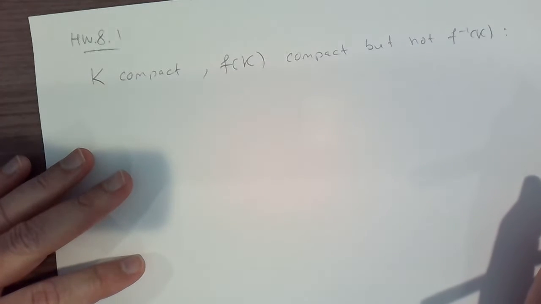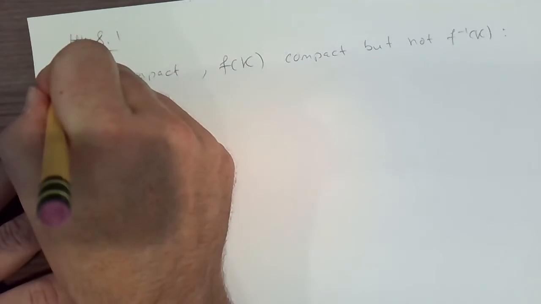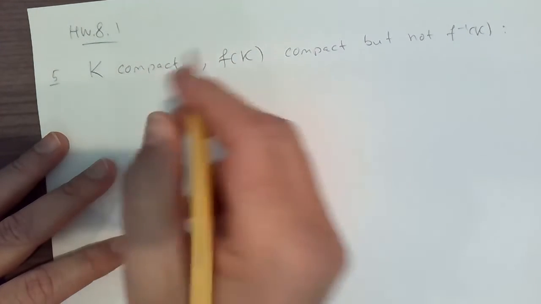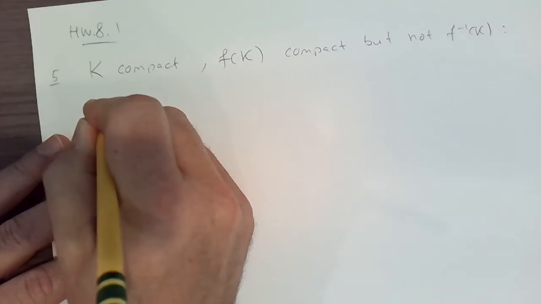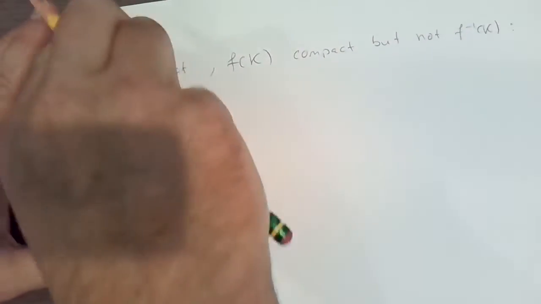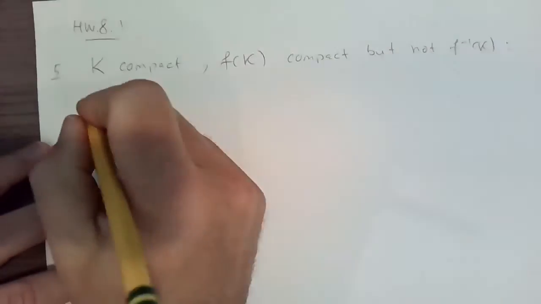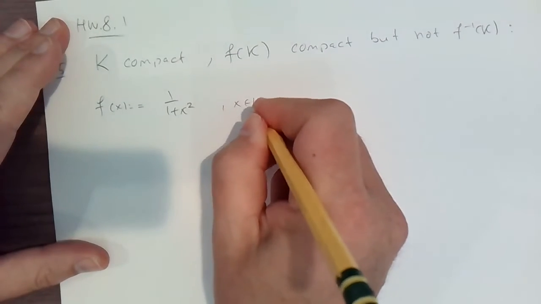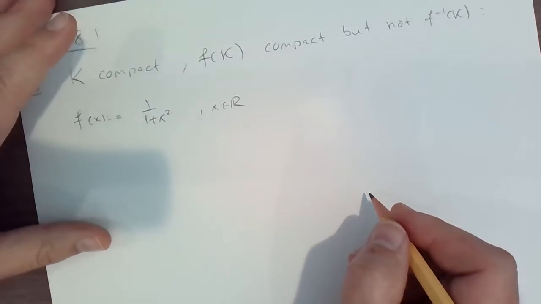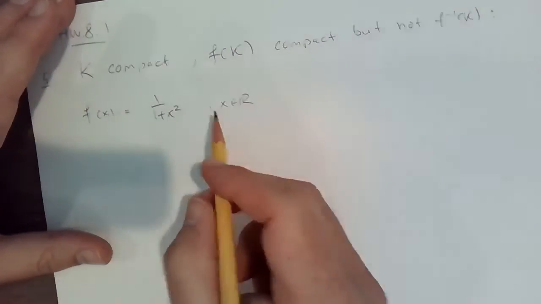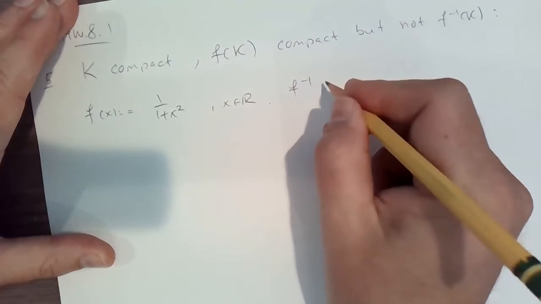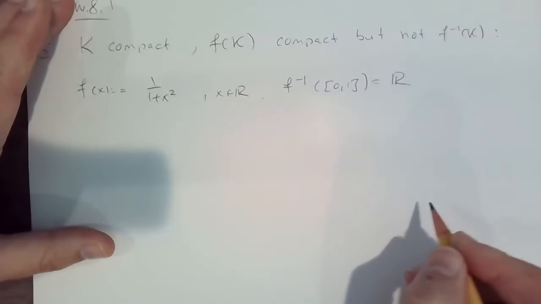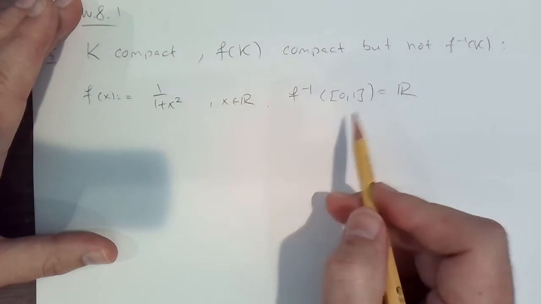This was number 5. If you look at f, so f of x be like 1 over 1 plus x squared, x is in R. Then if I pull back, say, 0 to 1, I'm going to get R. And this is not compact. This one here is.